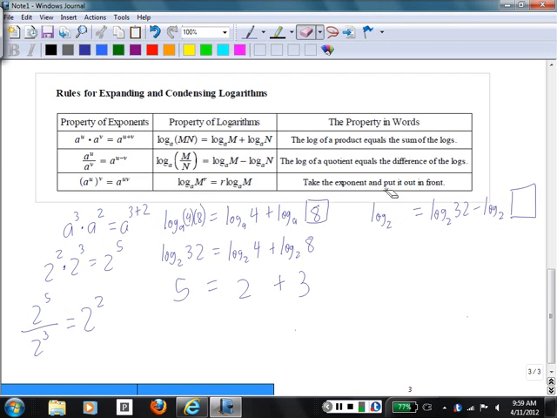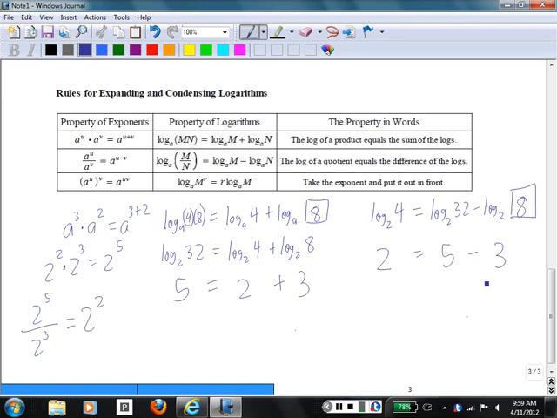Because 4 can be written as 32 divided by 8. If you take 4 and write it as 32 divided by 8, then that's the log of 32 minus the log of 8. Now if I put the numbers back in, we know log base 2 of 4 equals 2, and log base 2 of 32 equals 5, and log base 2 of 8 equals 3. So if you think of logarithms as exponents, which you should, we're subtracting exponents. 5 minus 3 equals 2, just like 5 minus 3 equals 2 right there.